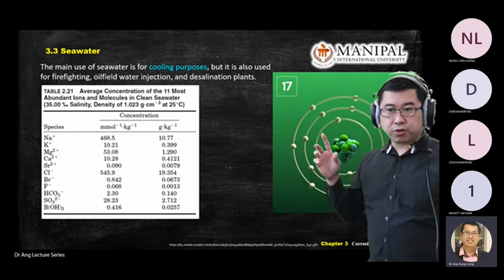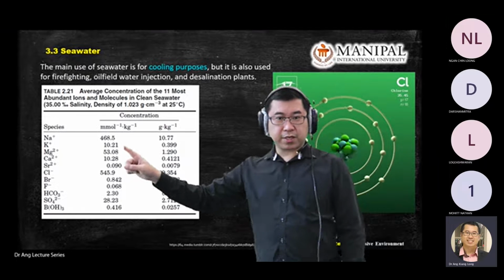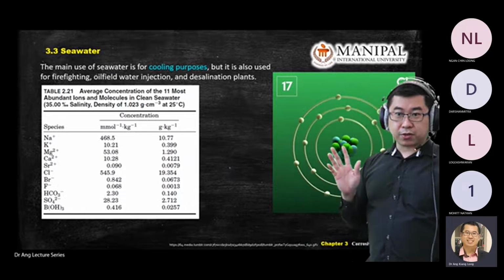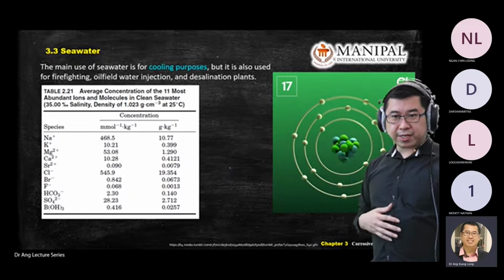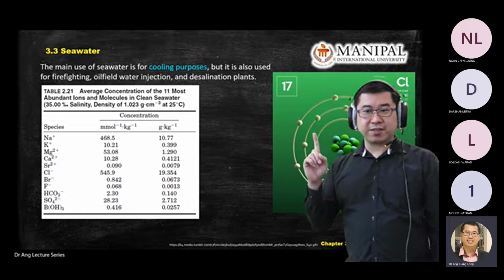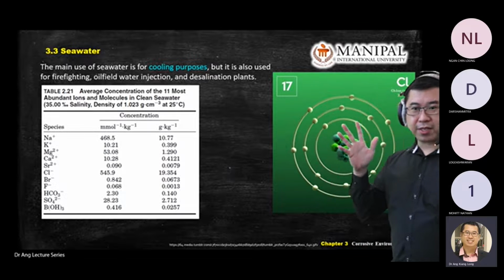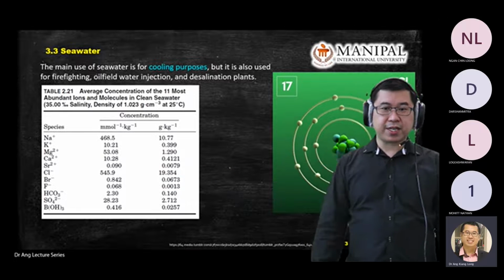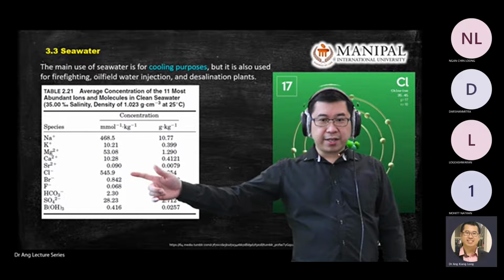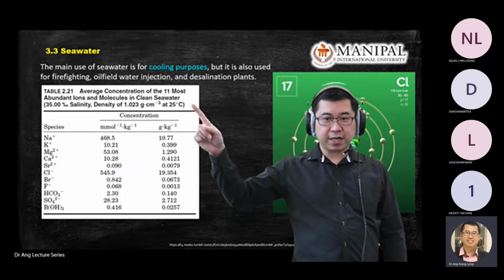Again, I want to introduce this member one more time, Cl. In seawater, we have Cl negative. Just now, when we studied natural water, we talked about chlorine, right? Chlorine generates an acidic solution, so this is a very dangerous member, and also very popular when it comes to corrosion. So recognize this member, Cl. In fact, if you look at the table here, Cl negative is the main population inside clean seawater.